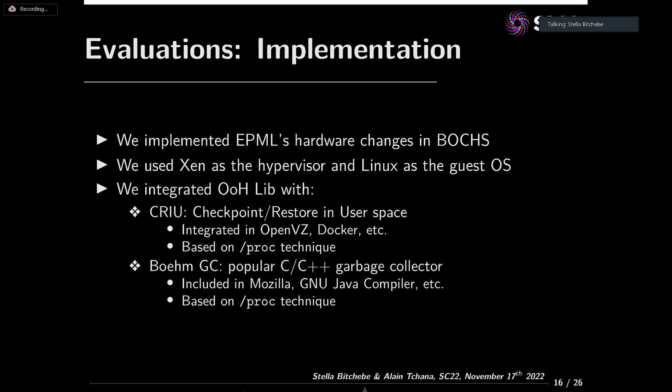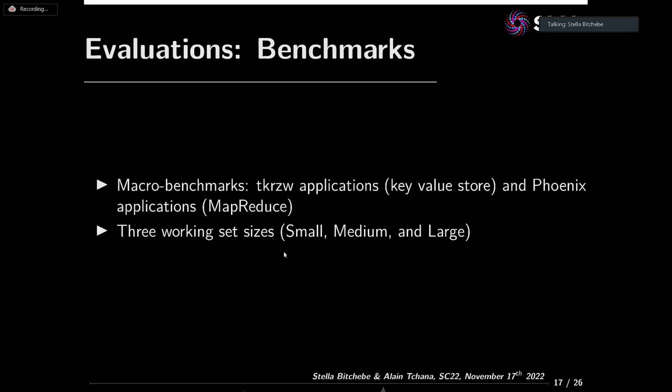And we integrated the OoH library in two popular systems, which are Linux checkpoint/restore in userspace, which is included in popular tools such as Docker, and the Boehm garbage collector, which is used in Mozilla and the GNU Java compiler. Both use cases rely on the /proc technique. We use two micro-benchmarks, key-value and map-reduce applications, and we vary the working set size from 5 kilobytes to more than 1.5 gigabytes.